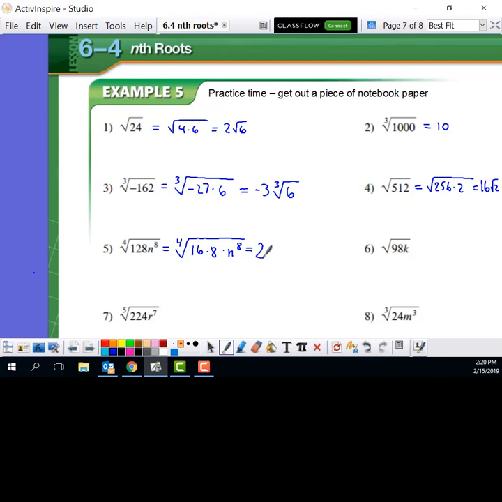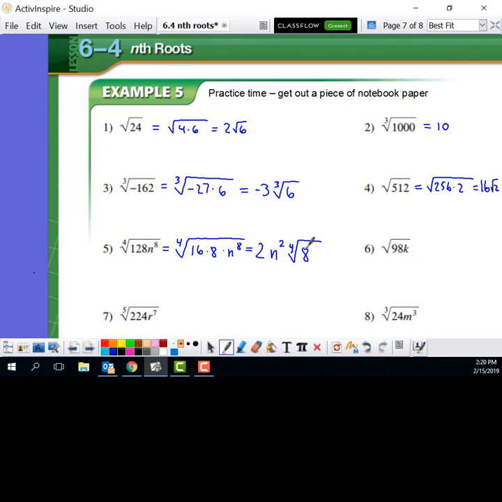The 8 is going to be trapped forever, but then look at n to the 8th. Remember, if this exponent is larger than the index, you can bring at least part of it out. 4 goes into 8 2 times evenly, so I'm going to bring an n squared out. And what I have left over in the fourth root is the fourth root of 8.